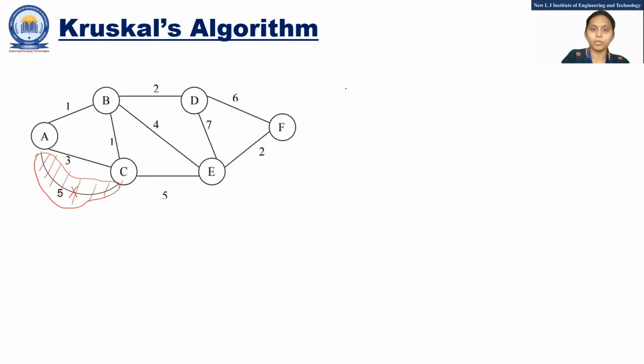Let me take the smallest edge weight. Here smallest is 1, so AB 1, then after BC 1, then after 2 weight is here. Yes, E and F have weight 2. Anything else? Yes, BD. And a 3 weighted edge is.